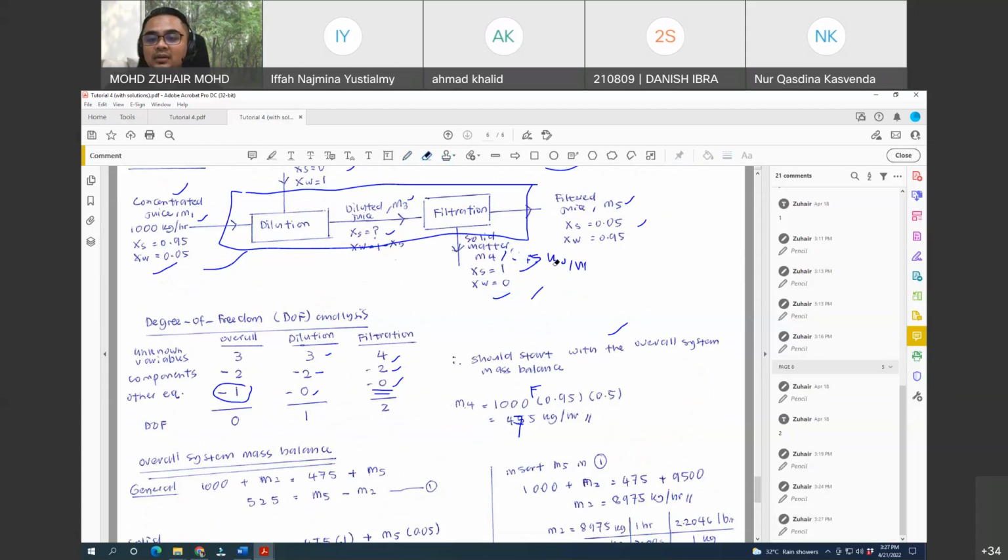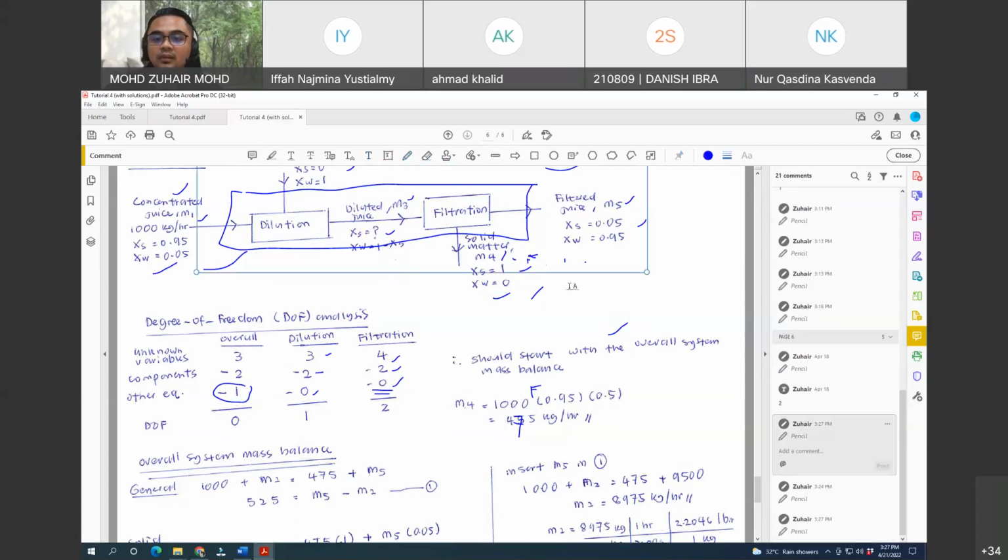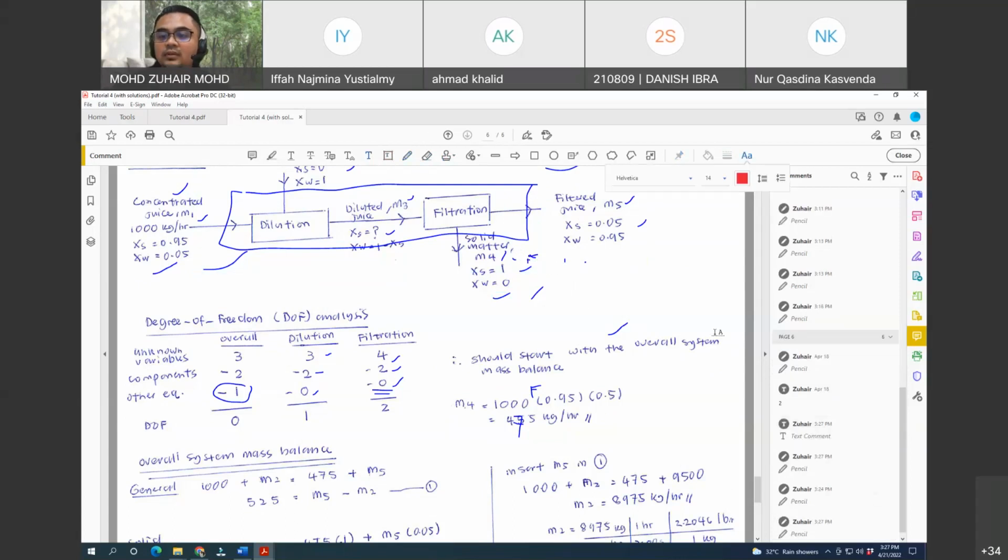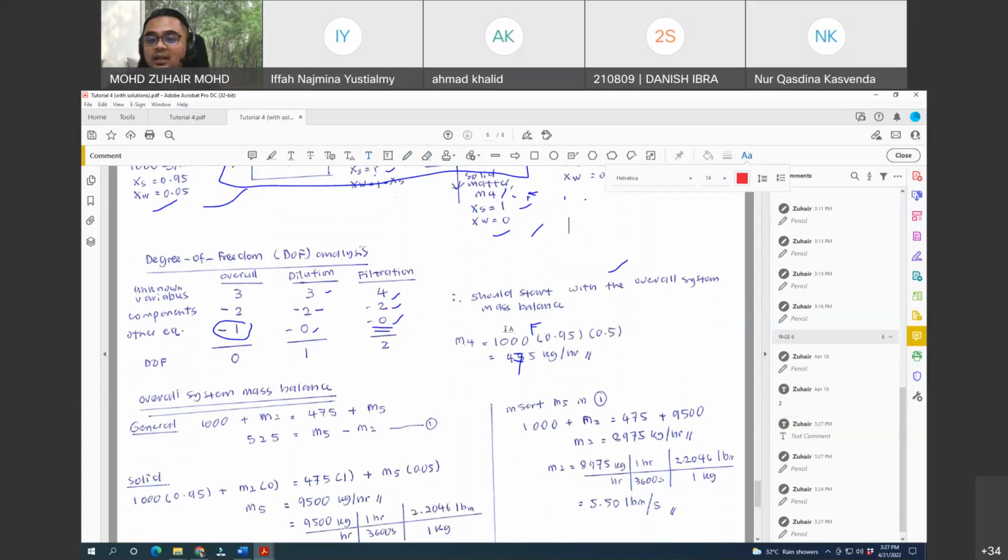Because there is 100% solid, we assume that the mass flow rate is also the same, 475 kg per hour.